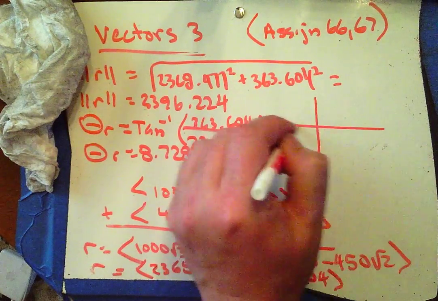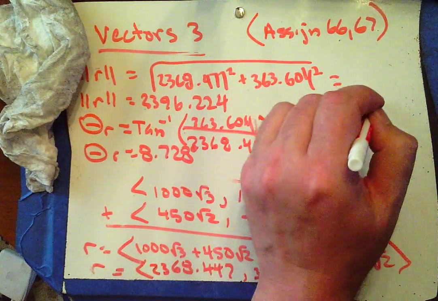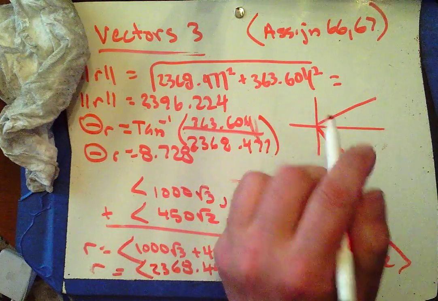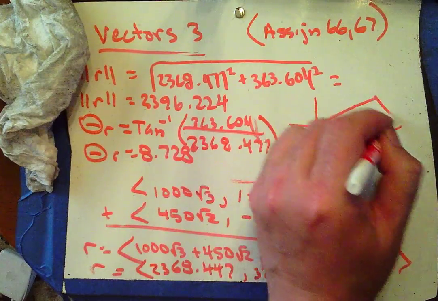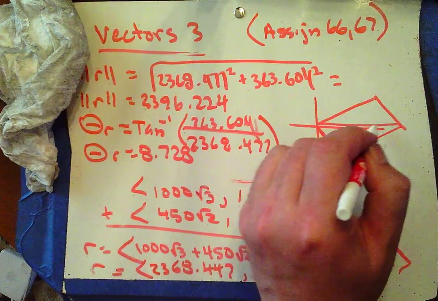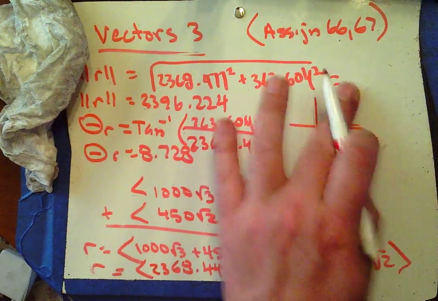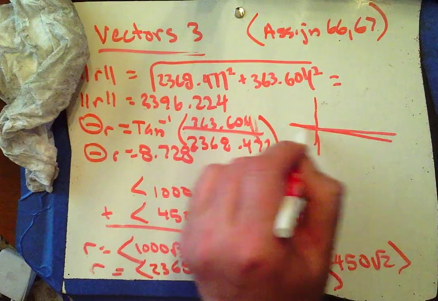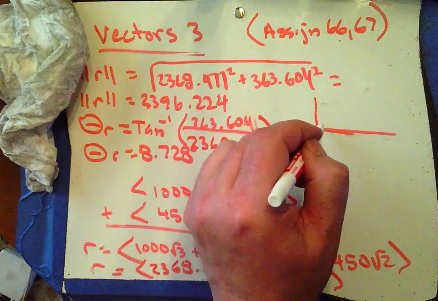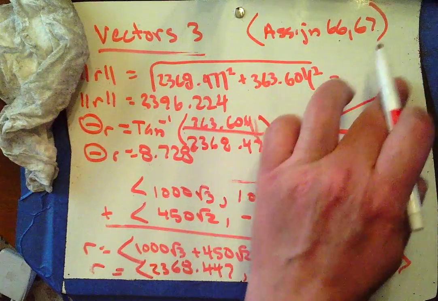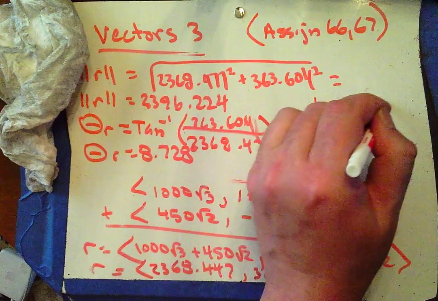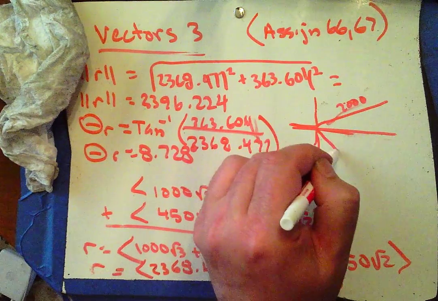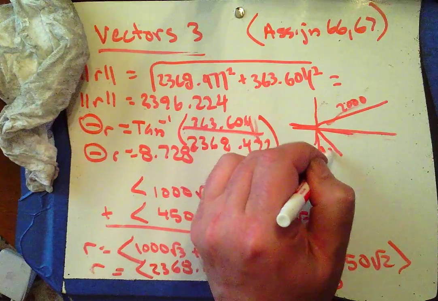And when we sketched our original, and we said, looks like this, Earth. Let's try that again. 30 degrees, 2000, and this is negative 45 for 900.